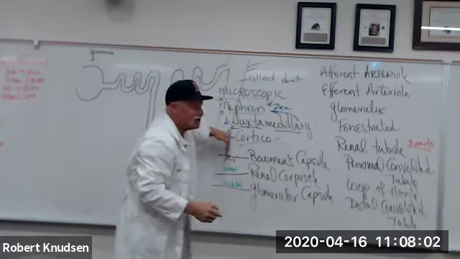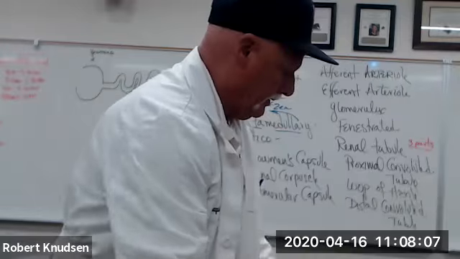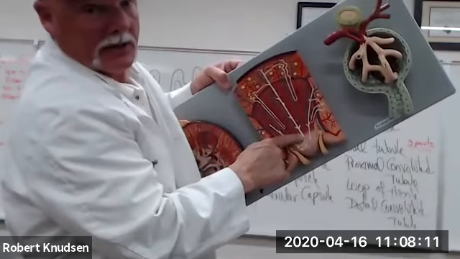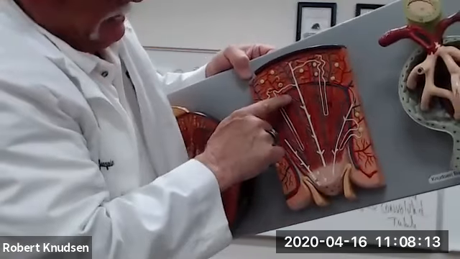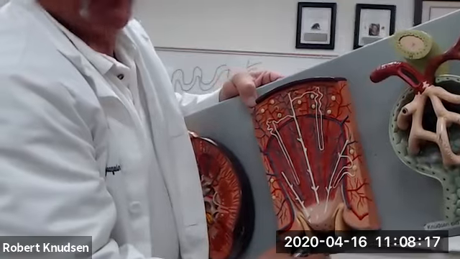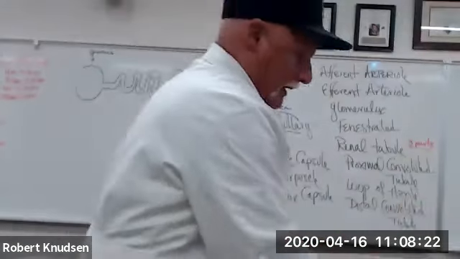So what it's doing is it's descending towards the pelvis. Oh, this is a better one. When it's descending towards the pelvis, it's picking up nephrons from other ones. Okay, distal convoluted tubules from other ones. Okay, got it? Okay.